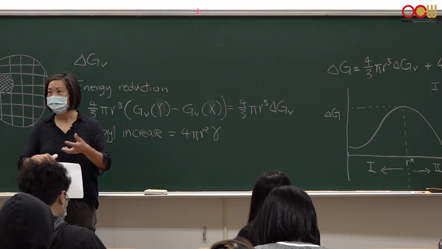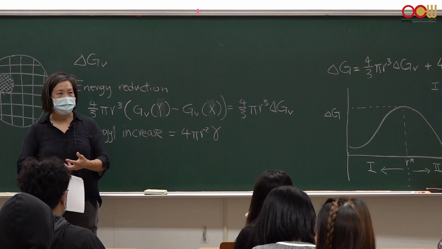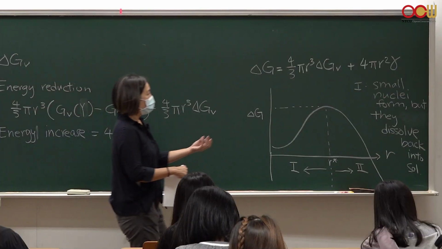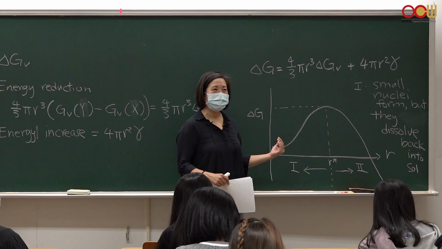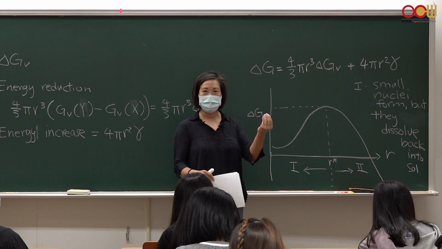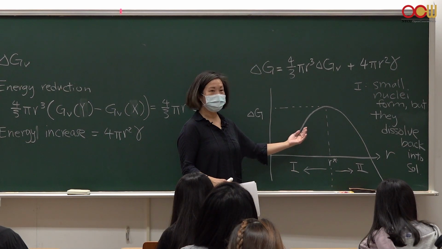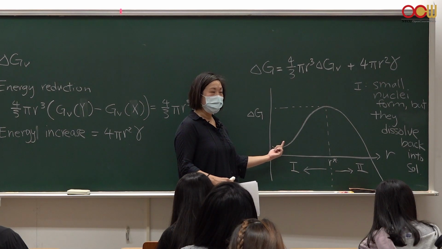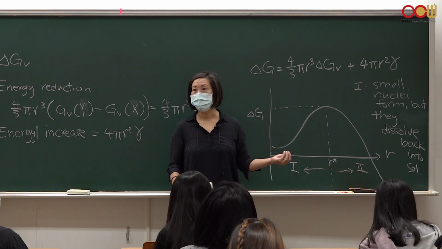Because when they bump into each other, the lowest energy state for them to be in is that new phase. But if they're too small, then it's a lower energy state overall for that small nucleus to dissolve back into the solution, because it shows here, right? Energy lowers as you go smaller and smaller until you have no more nucleus.